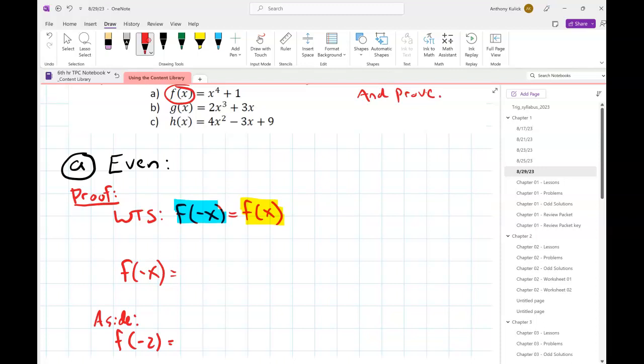Great, we're going to plug negative 2 in for the x's, right? So I would write like that. Everybody agree? What do you think I'm going to do for f of negative x? Plug negative x in for x, just like I did for the other one. Is everybody okay?